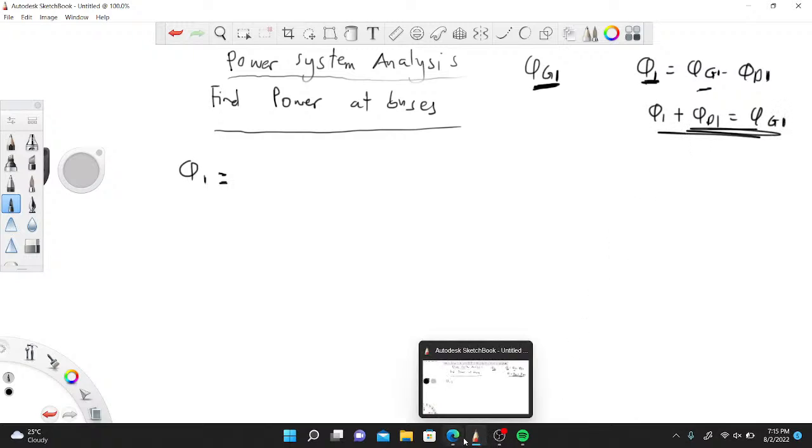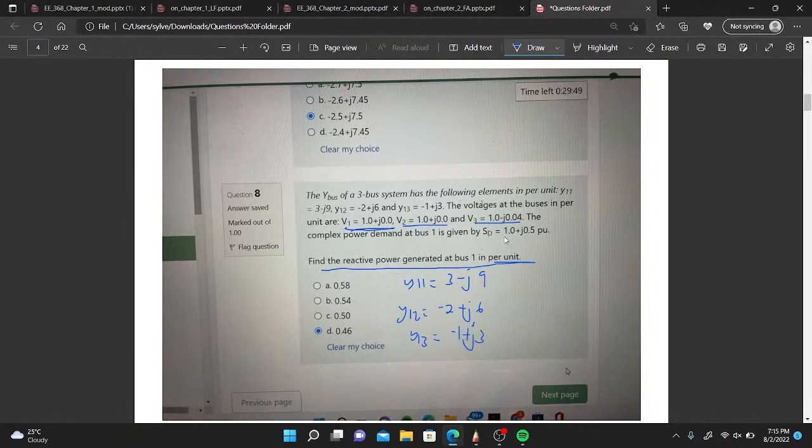In the question I was given this SD. In the previous video I said that SD is given by PD plus jQD. Since we're talking about bus 1, this is SD1, PD1, QD1.